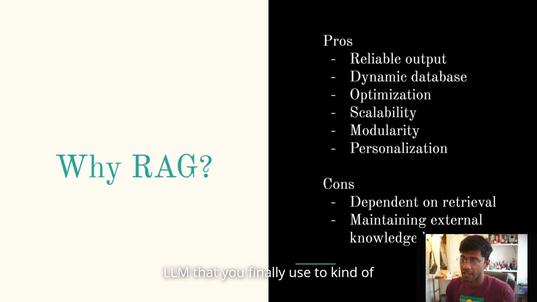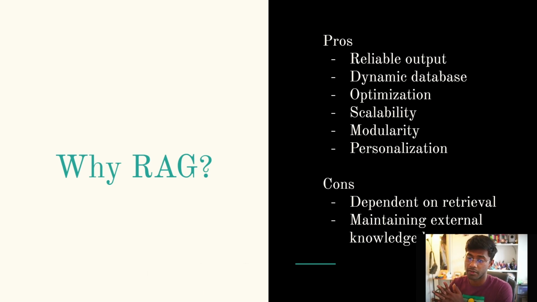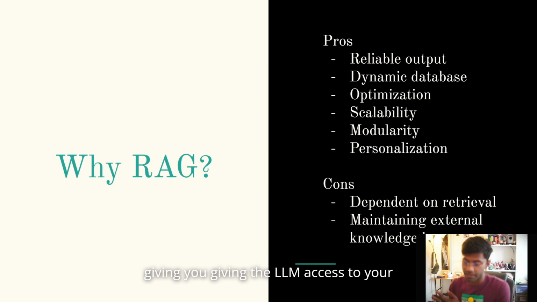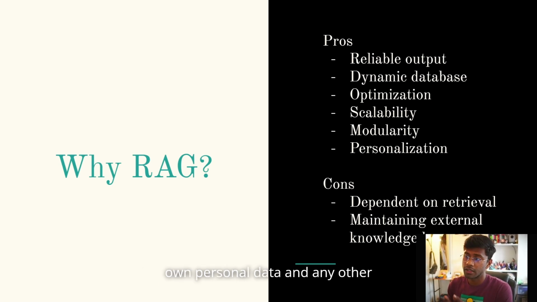The embedding, the LLM that you finally use to query it, everything can be modularly modified. And personalization, giving the LLM access to your own personal data and any other context that you want it to be aware of before answering your question. Of course, there's the issue of privacy, which is solved by local inference.